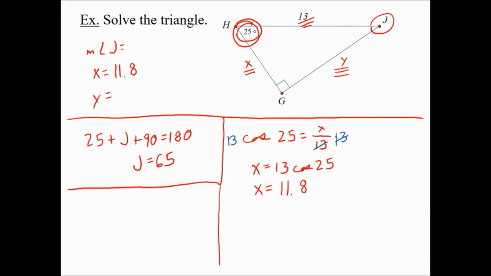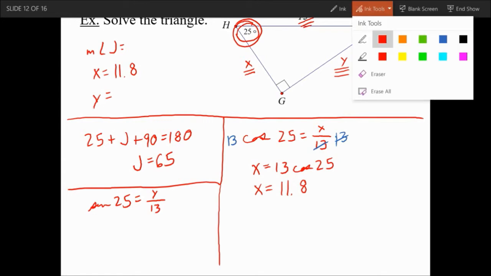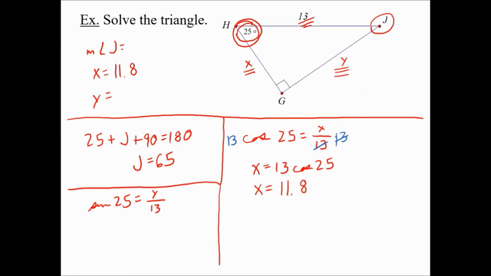And so I'm noticing now y is the opposite. 13 is hypotenuse. Opposite and hypotenuse tell me to use sine, so it'll be sine 25 equals opposite over hypotenuse, y over 13. Once again, I'm going to multiply both sides by 13 to make the fraction go away.